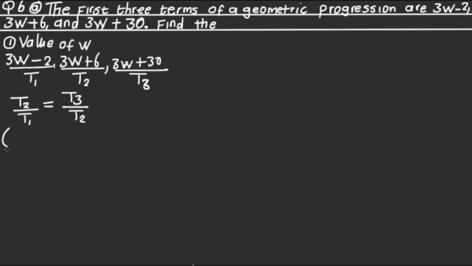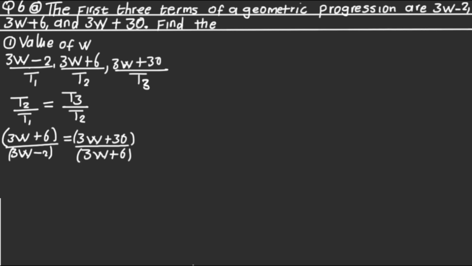The second term 3w plus 6 over the first term 3w minus 2 is equal to the third term 3w plus 30 divided by the second term 3w plus 6.